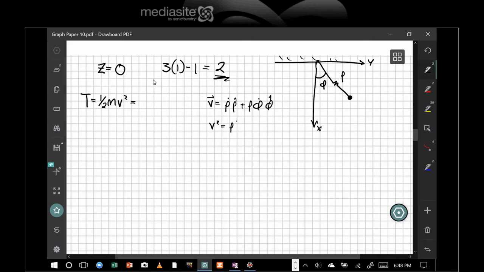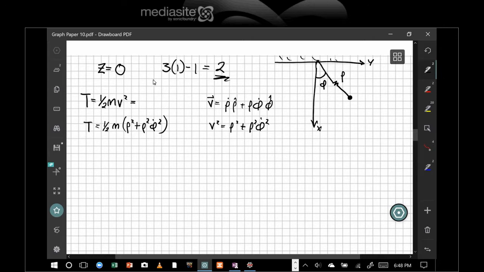So v squared is just equal to rho dot squared plus rho squared phi dot squared. We've seen this multiple times, so at this point we can almost just write down the kinetic energy because it's pretty straightforward.